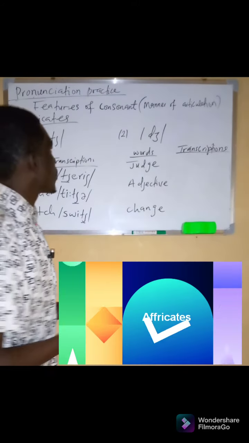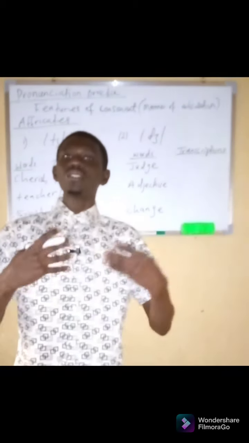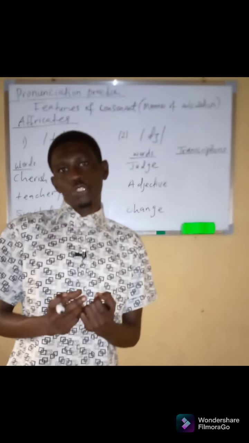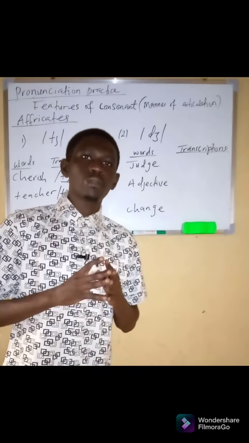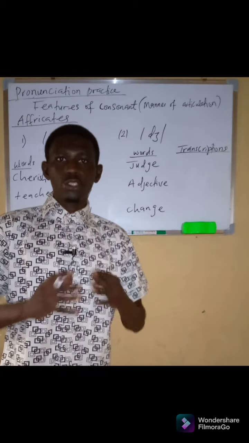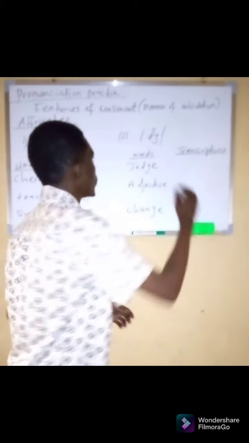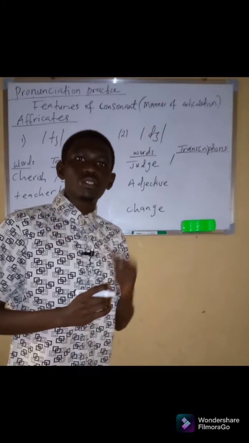Now let's go to the next sound, the j sound. We said here we have the word judge, not George. George is the wrong pronunciation of the word, but the correct pronunciation of this word is judge. So in judge, we can observe the sound j.